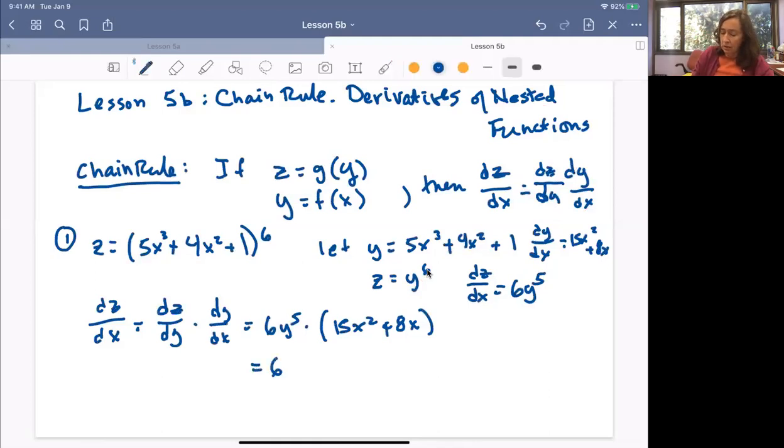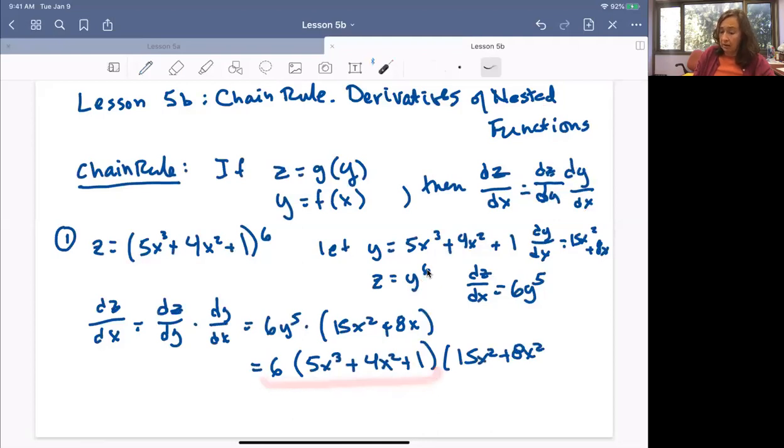So that is 6 times, remind myself what y was, (5x^3 + 4x^2 + 1), and that whole thing is my y, raised to the 5th power, times 15x^2 + 8x. This is my dz/dy, this is my dy/dx, and that whole thing is the derivative.